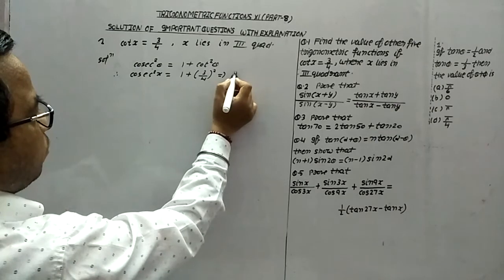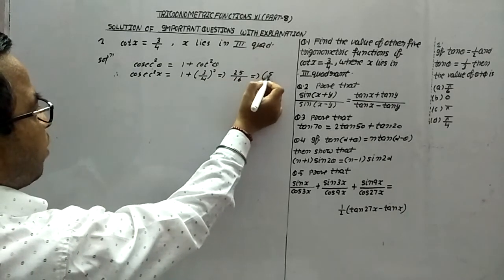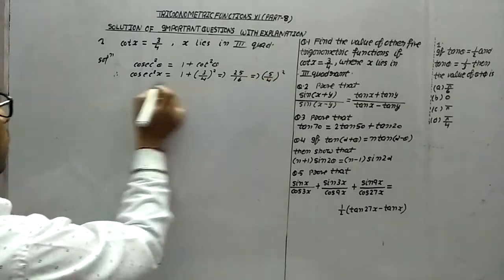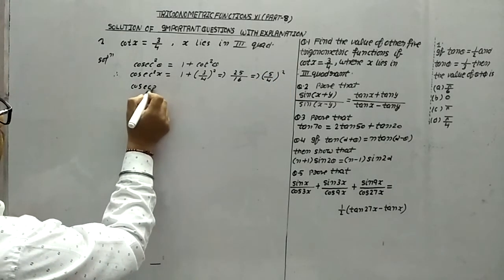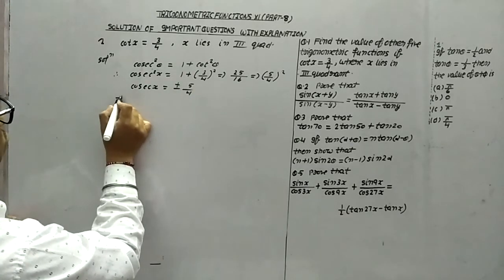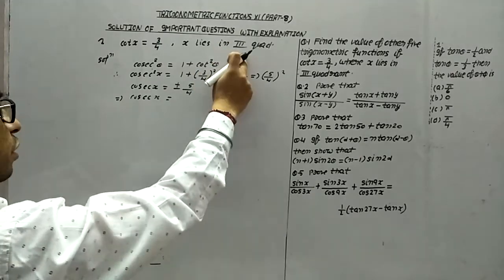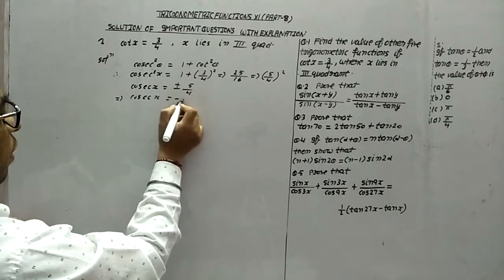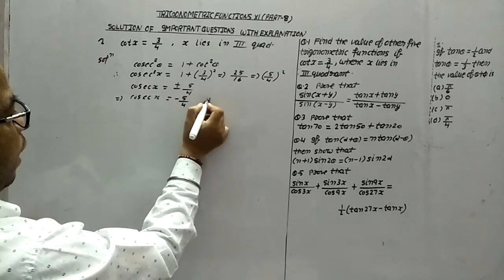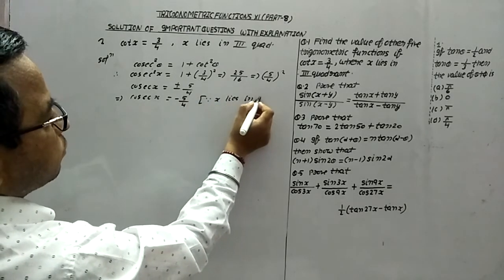This becomes 25 by 16, which is (5 by 4) whole square. It means cosec x is equal to plus minus 5 by 4. Because x lies in the third quadrant, it will come out negative.